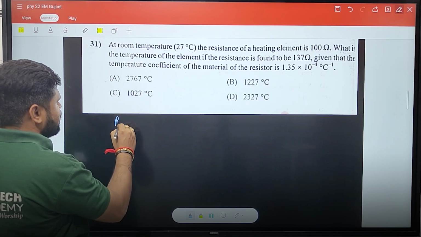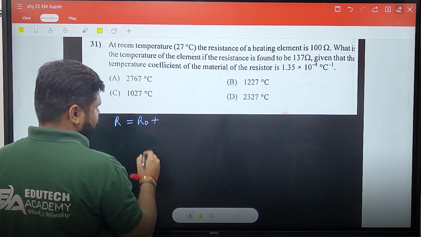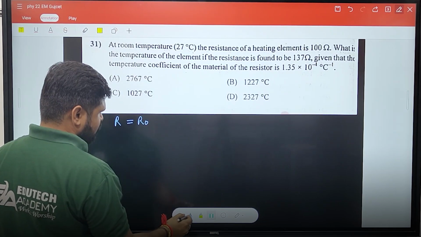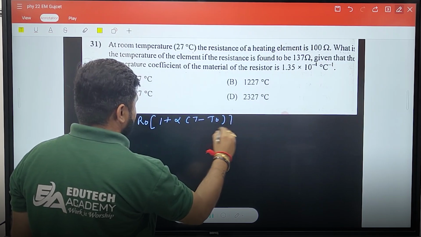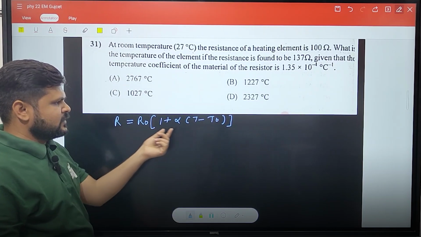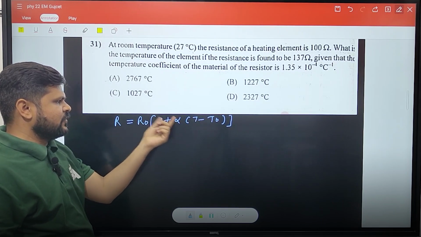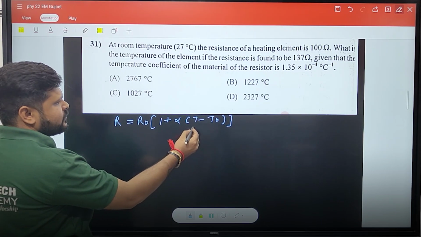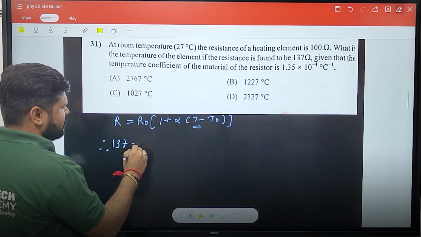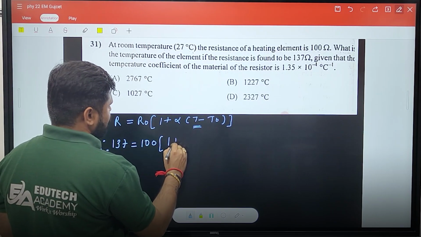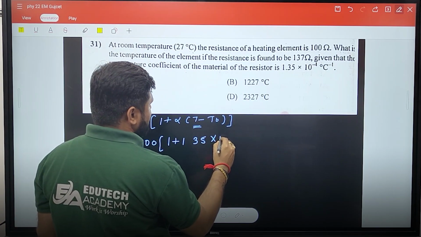For this we will simply use R is equal to R0 (1 plus alpha (T minus T0)), where R is the resistance at temperature T, R0 is the resistance at temperature T0, alpha is the constant. We are asked to find the temperature T. Just place all the values. R is 137, R0 is 100, alpha is 1.35 into 10 raised to minus 4.